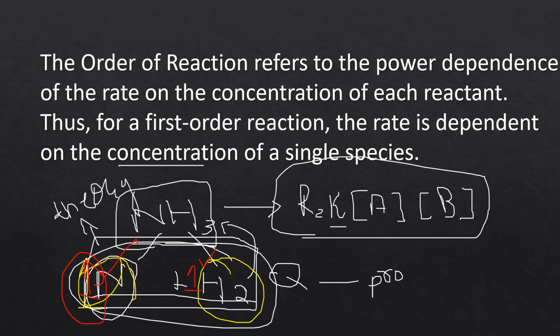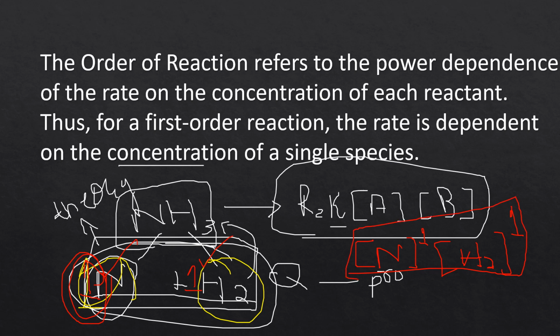That means the concentration of N will have this number of moles written as a power, so 1, and we know that the number of moles of H2 is also 1. So this will probably be the standard form of that.